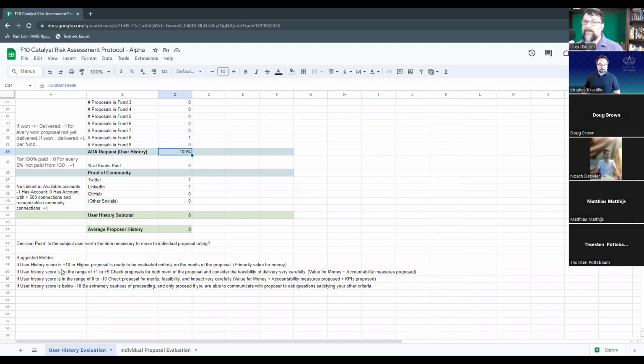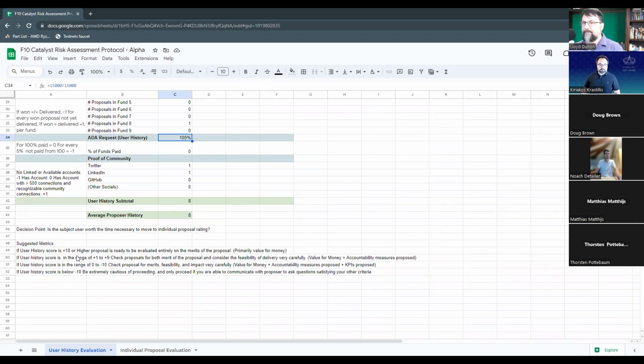I did throw some suggested metrics down here. What I'm doing is imagining, because right now we evaluate on 3 major areas: the value for money, accountability, and the key performance indicators, right? Those are the things you're looking at. First of all, is this worth it for Cardano? That's probably the most important.